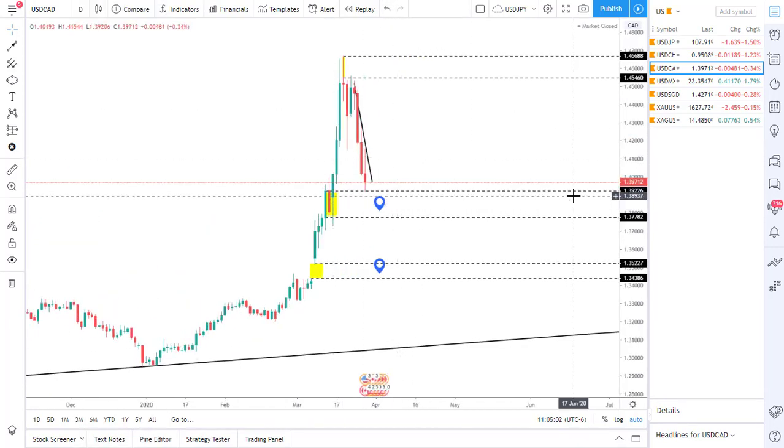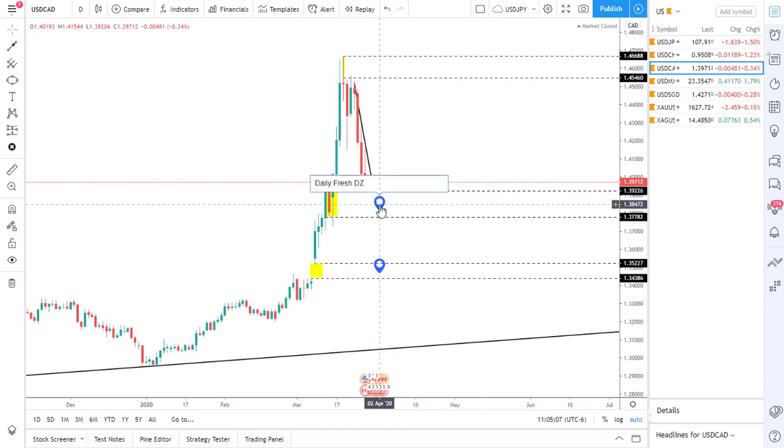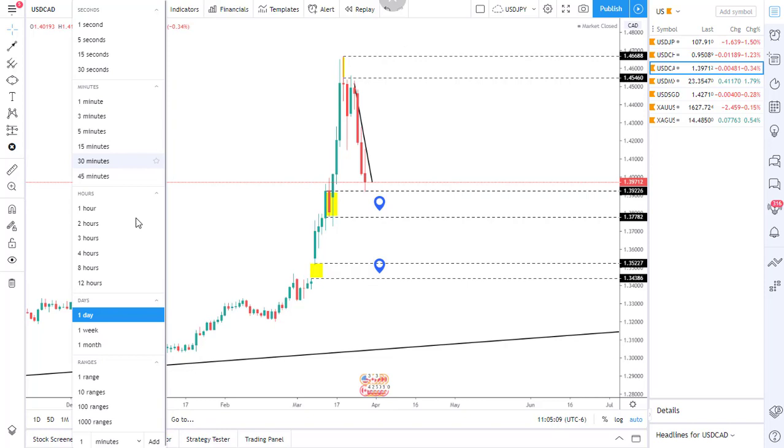I'll be checking this level, and I'll wait for confirmations. And if the level does not work, then we can get sure if price makes a retracement to a 4-hour level, from the 4-hour time frame to this zone. And once price reaches this zone, then I'm sure the price will go all the way up.